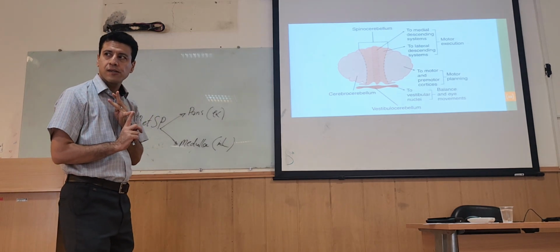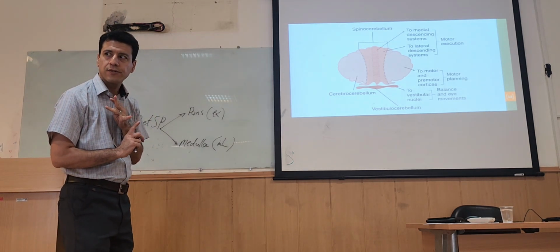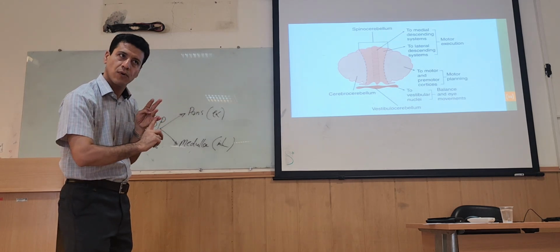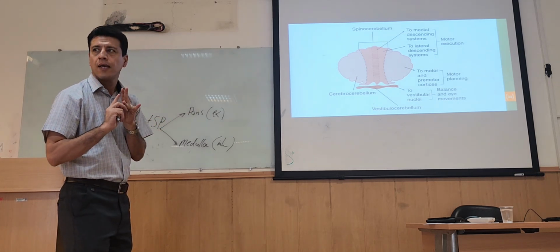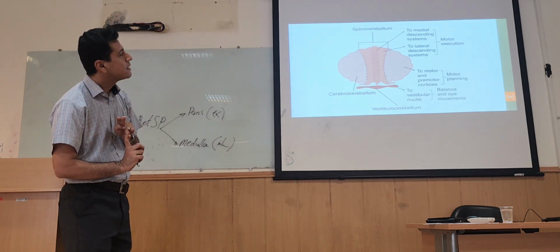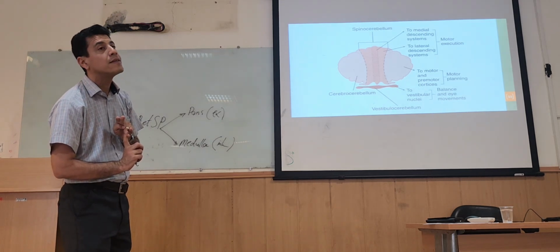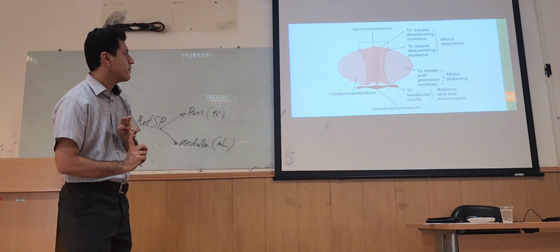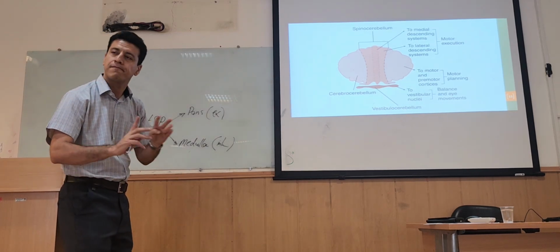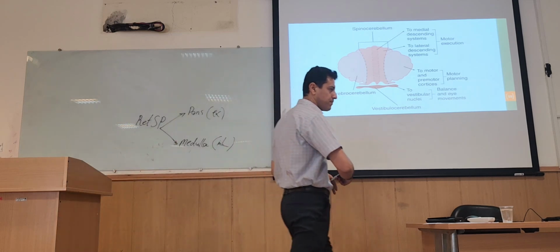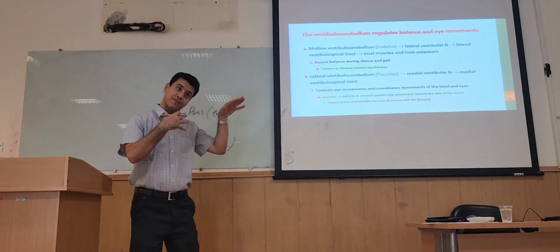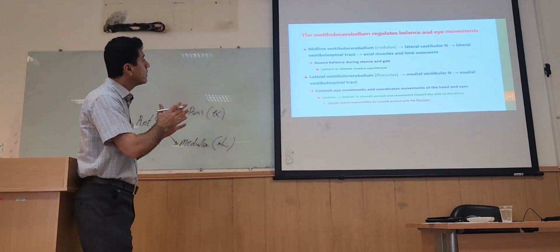Balance and eye movements is related to vestibular cerebellum or flocculonodular. Motor execution. Related to the lateral parts. Oh wait, sorry, the intermediate and the vermis. Vermis, very good. Motor programming or planning. Lateral. Good. So now let's see more details in this general scheme.